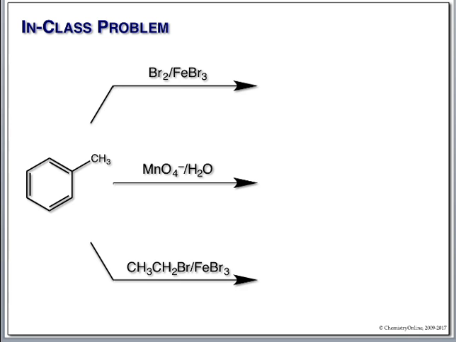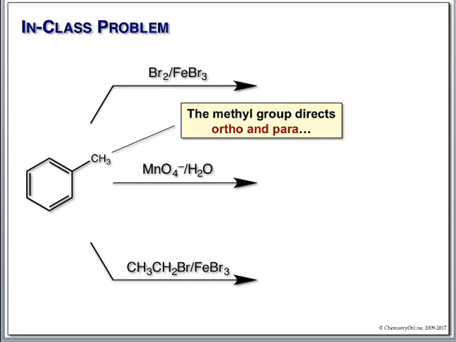Our first reaction here, we have toluene and we're doing bromine and ferric bromide. This is going to be simple bromination of the benzene ring. But because we have a methyl group, we need to remember the methyl group is activating and is ortho-para-directing.